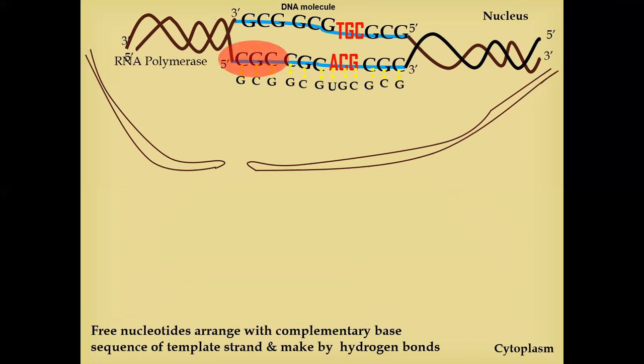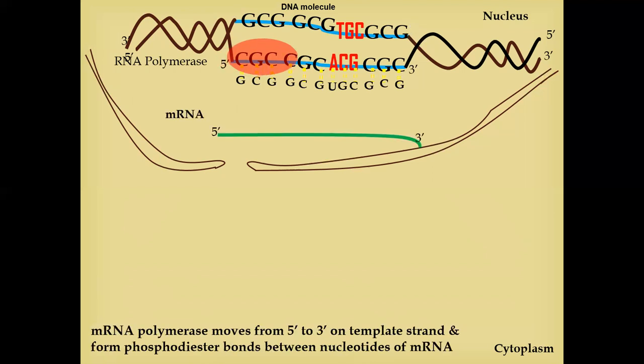The RNA polymerase enzyme moves from the promoter region and starts making phosphodiester bonds between the different nucleotides, and it proceeds on the surface of the DNA from the 5' to the 3' direction.